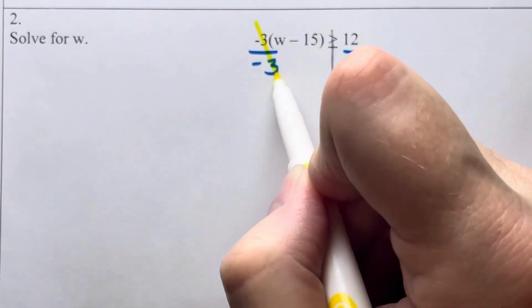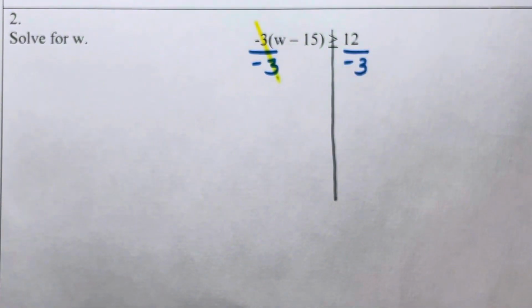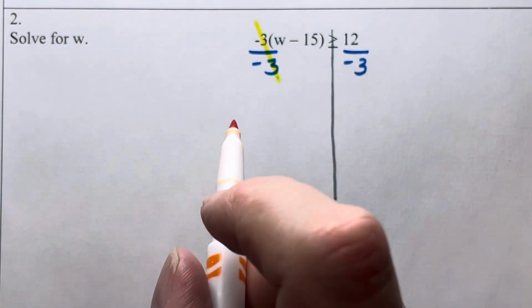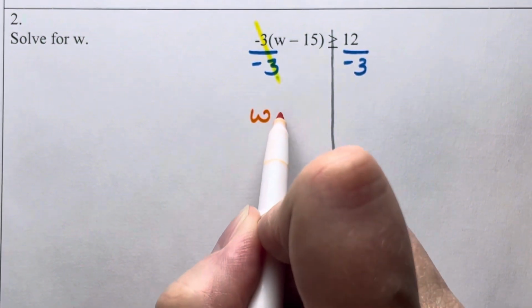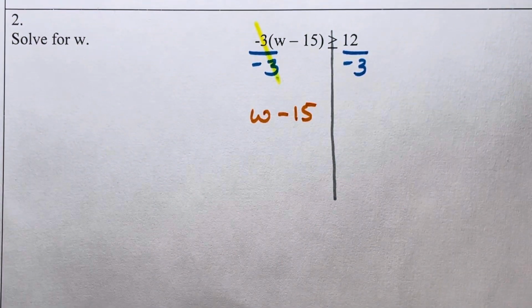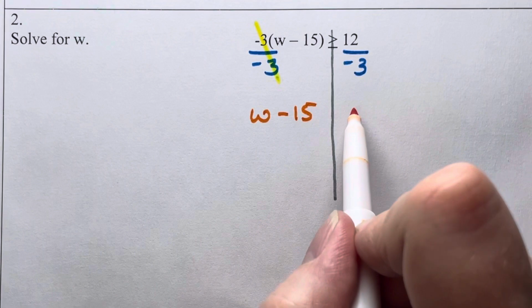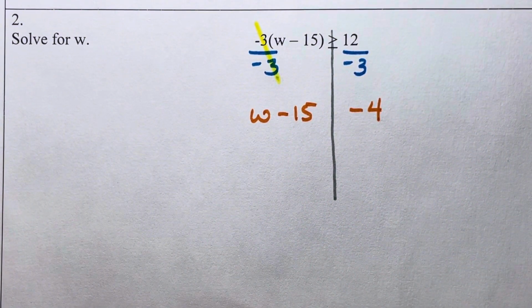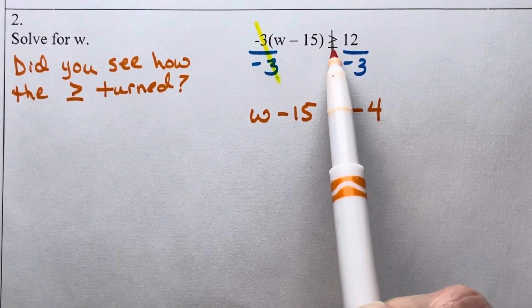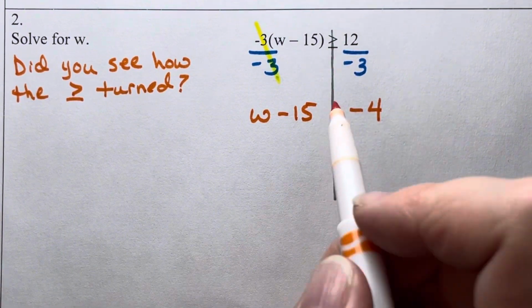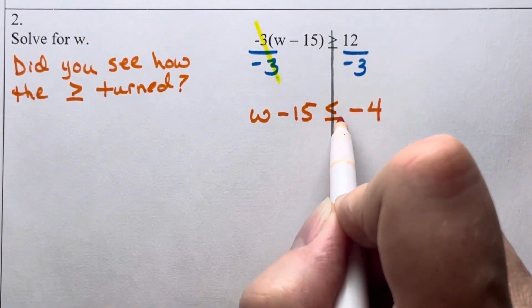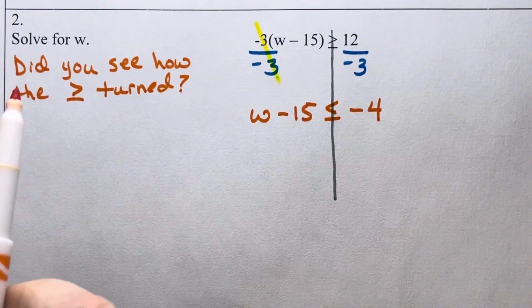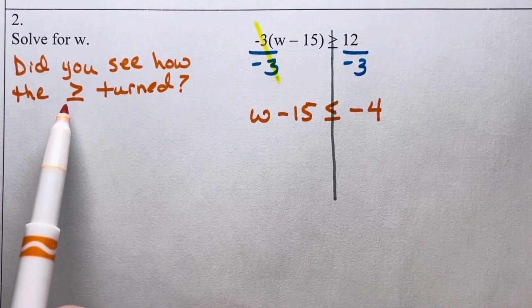That dividing canceled out the negative 3's, creating for us w minus 15 and a negative 4 on the right side, but the greater than or equal to symbol is now a less than or equal to symbol. Did you see how that turned?